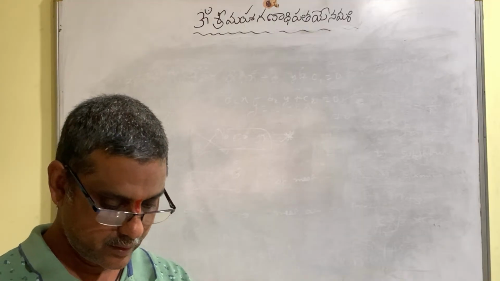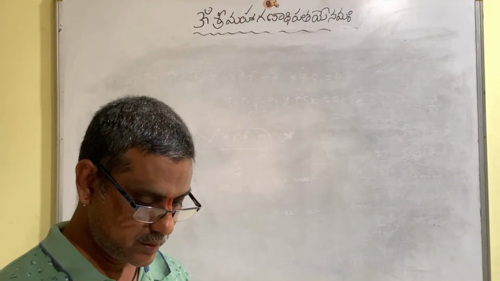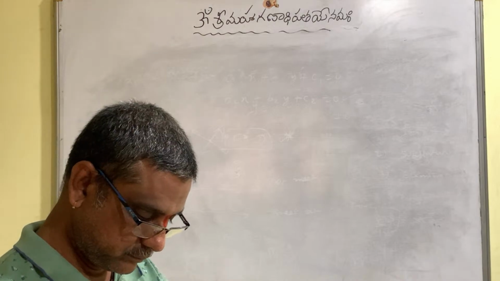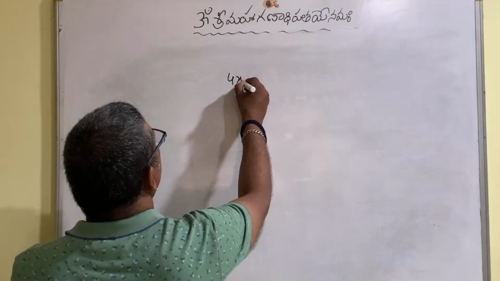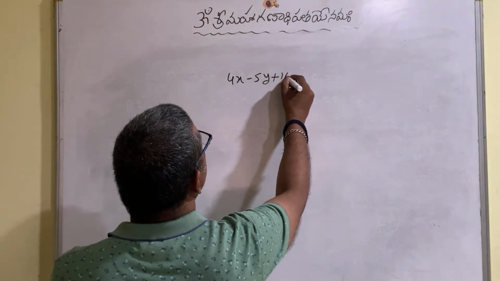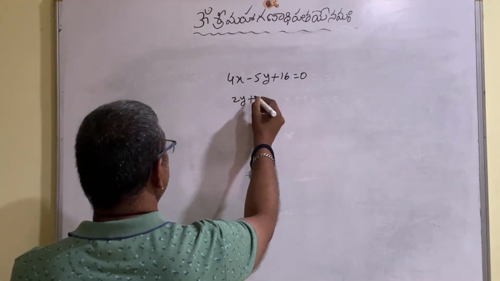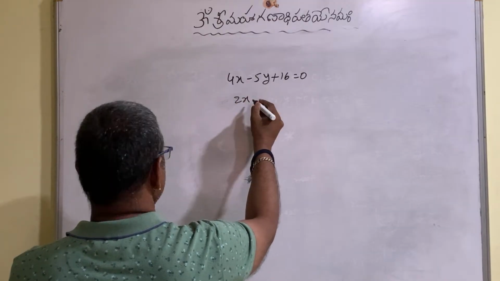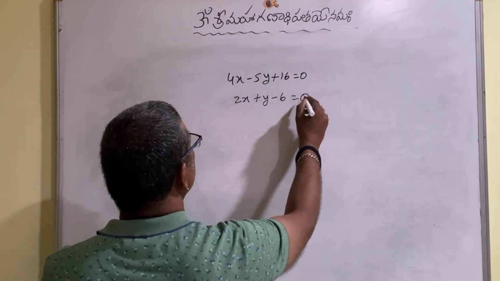I will give you a pair of equations, children. 4x minus 5y plus 16 is equal to 0. 2x plus y minus 6 is equal to 0.